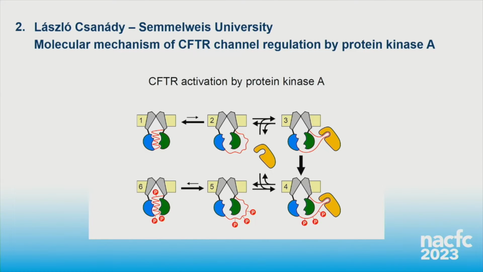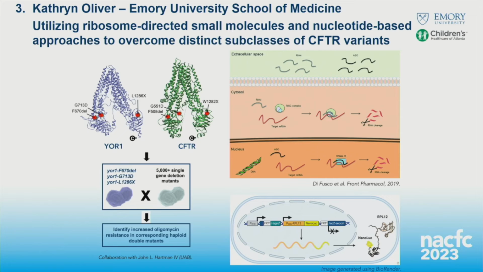The second speaker is Laszlo Csanady from the Semmelweis University in Budapest, and he will tell us novel insights about the molecular mechanism of CFTR channel regulation, or CFTR activation by the protein kinase A. The third speaker will be Catherine Oliver from Emory University School of Medicine, and she will talk about ribosome-directed small molecules and nucleotide-based approaches to overcome distinct subclasses of CFTR variants.